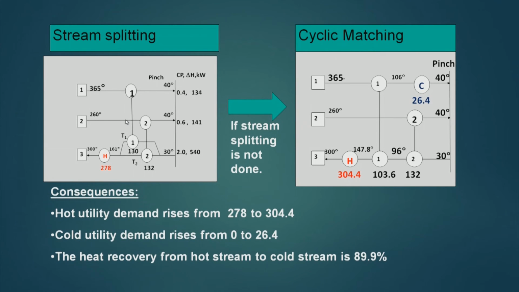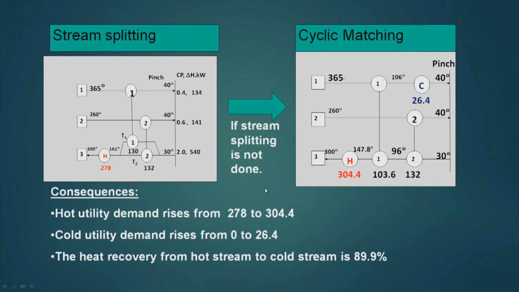So, what are the consequences of cyclic matching? The hot utility demand rises from 278 to 304.4, the cold utility demand rises from 0 to 26.4 and the heat recovery from hot stream to cold stream is only 89.9%.